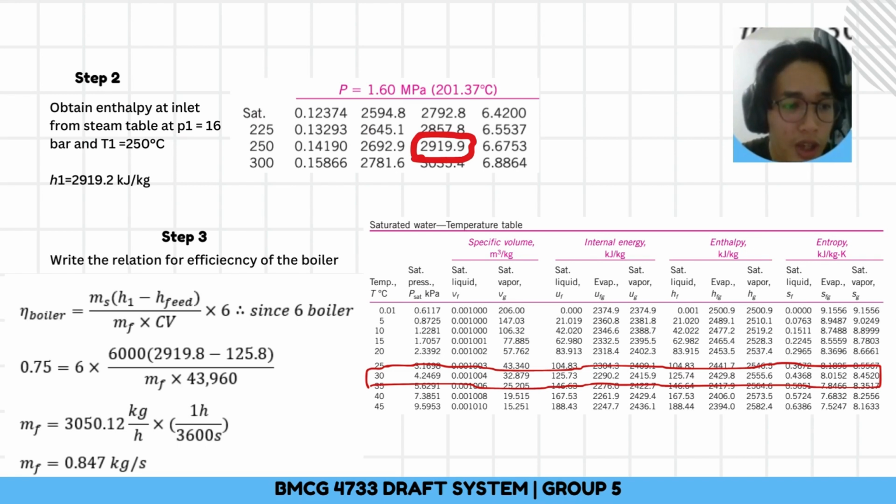Efficiency of boiler equals ms times H1 minus H feed water over mf times CV, and we need to multiply by 6 since we have 6 boilers. By substituting the values, we get mf equals 0.847 kilogram per second.